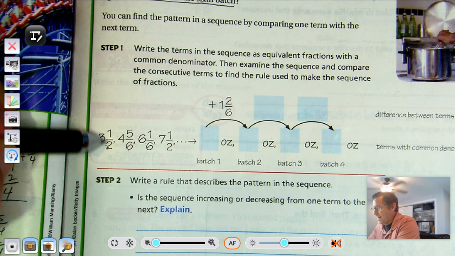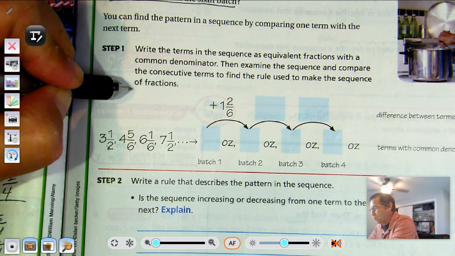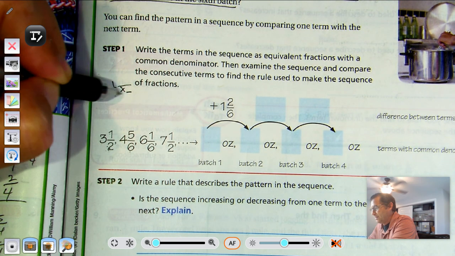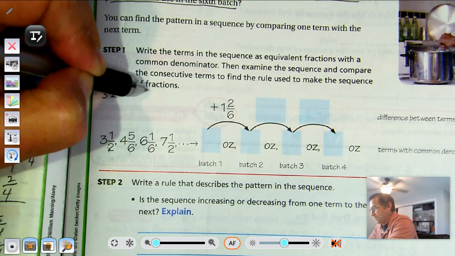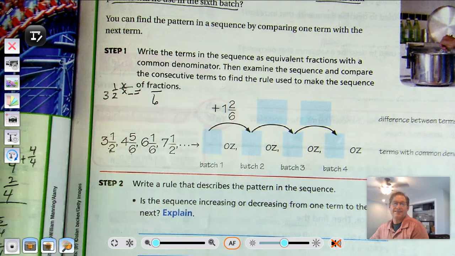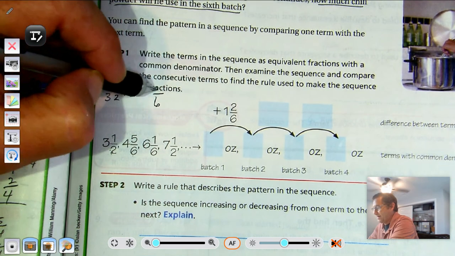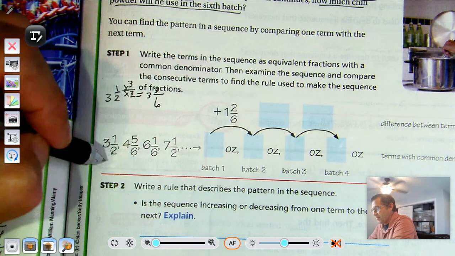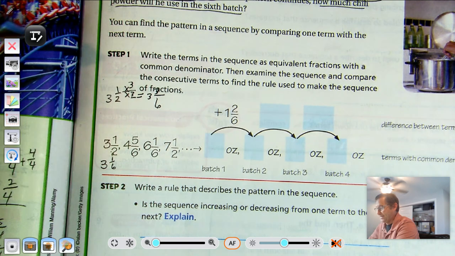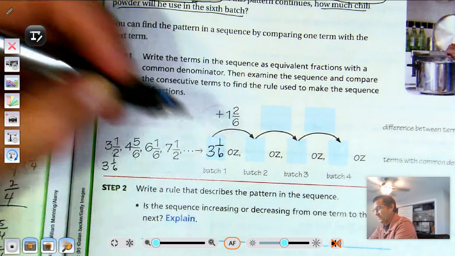So 3.5. Well, 3.5 times what equals something with sixths? Well, if I multiply both of them by 3, I would get 3/6. So 3.5 is the same as 3 3/6. So let's rewrite this. 3 3/6.